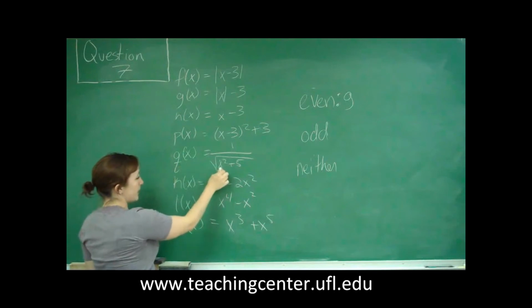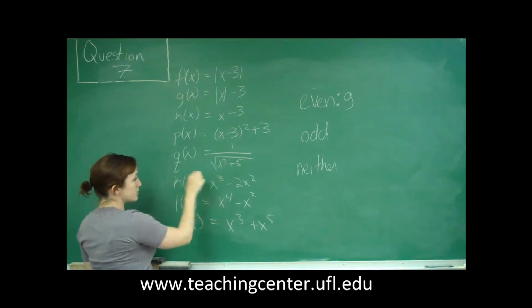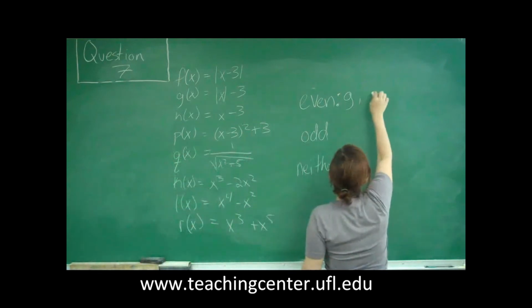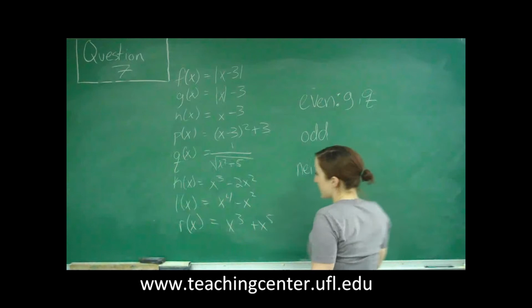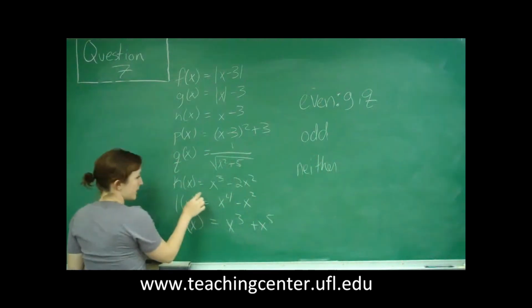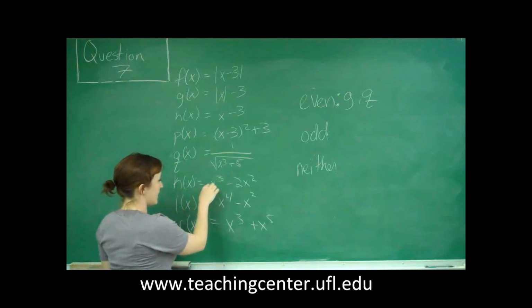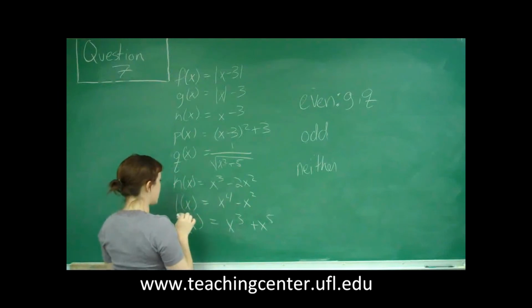Q of x, when I plug in negative x down here, negative x squared is still equal to x squared. So Q of x is going to be even. K of x, I've got x cubed. When I plug in a negative x, I get negative x cubed, so that is not the same.